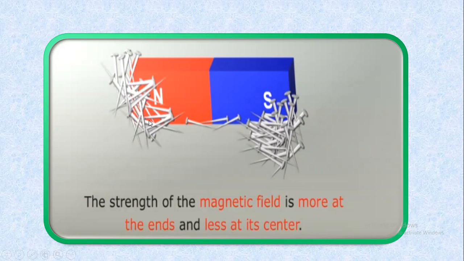A magnet's ends are much stronger than the center part. It's very clear from the picture. See over here, north, and over here, south, rather than the center part. Now I hope it's clear.